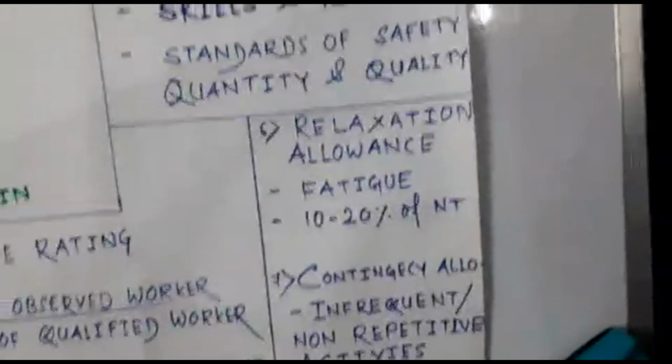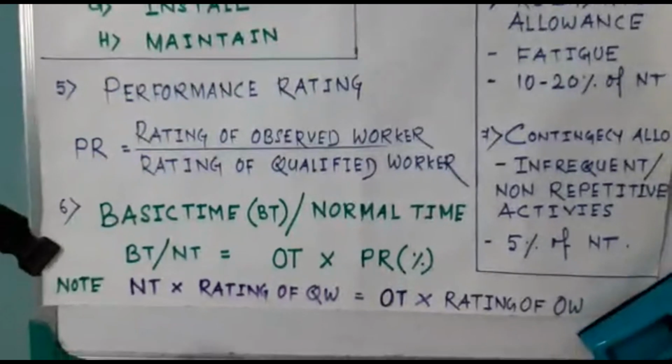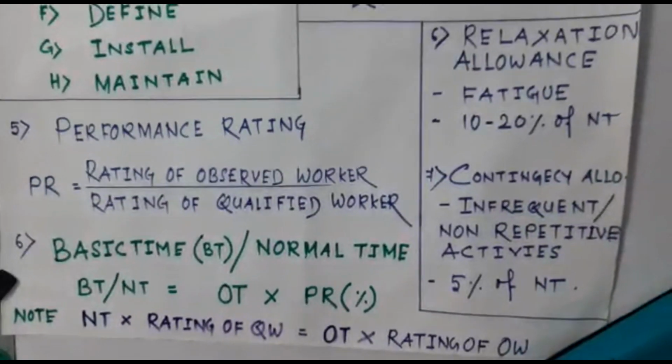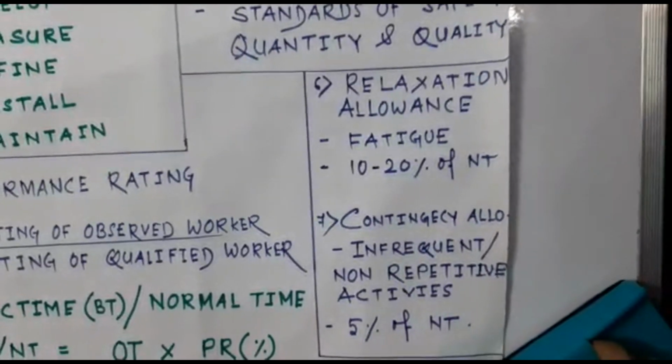And then we have seen there are two types of allowances given to the workers. Once the normal time is calculated, two allowances are added onto it. One is called relaxation allowance and the second is called contingency allowance.